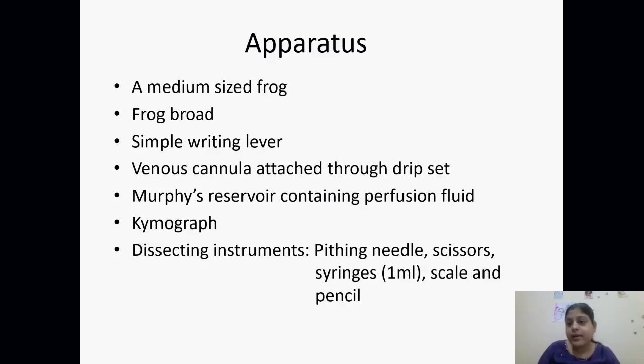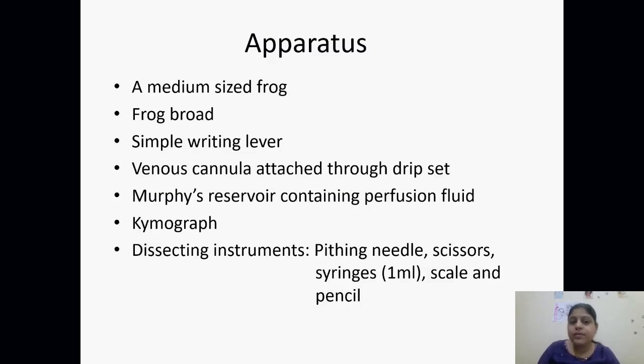We require a simple writing lever to note the contractions of the heart, and the kymograph on which the paper has been attached. A simple writing lever for the contractions, and a venous cannula for the infusion of the perfusion fluid into the sinus venosus.